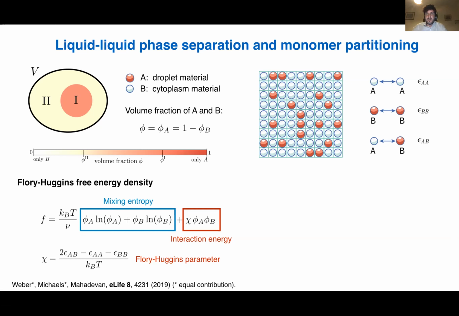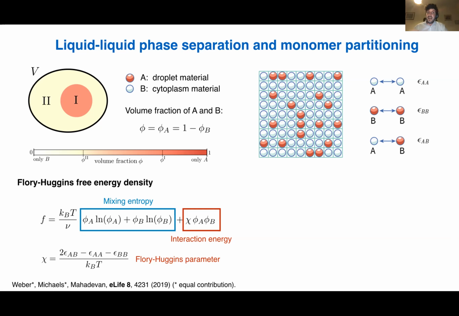And the interaction energy tells me what is the relative interaction between A with A, B with B, respectively, A with B. And so the idea is that A and B always want to mix in order to increase entropy.